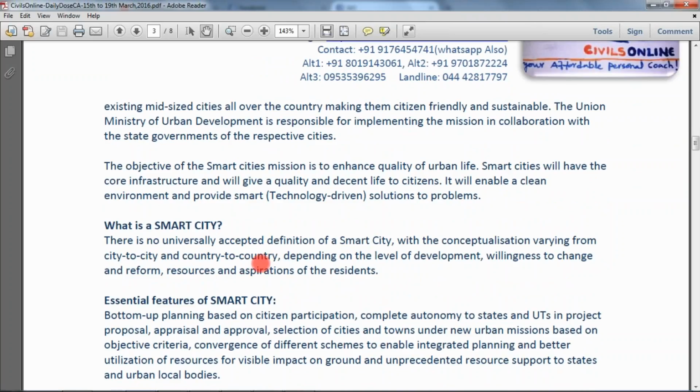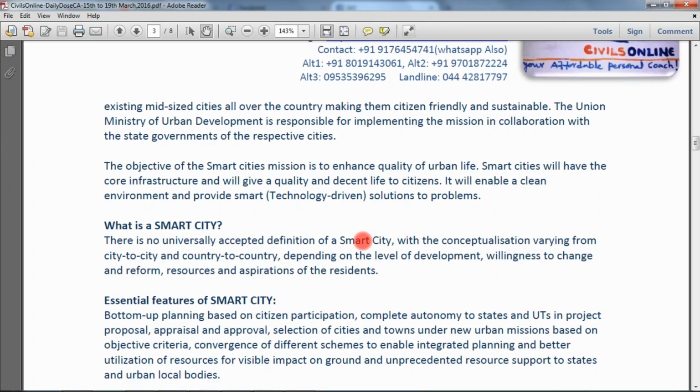There is no universally accepted definition of a smart city, because the conceptualization varies from city to city, even from country to country, because there can be different levels of development and it depends on the willingness to change and reform of that particular city, and the resources and aspirations of the residents of the city. So all these factors influence the meaning of smart city and its level of development.